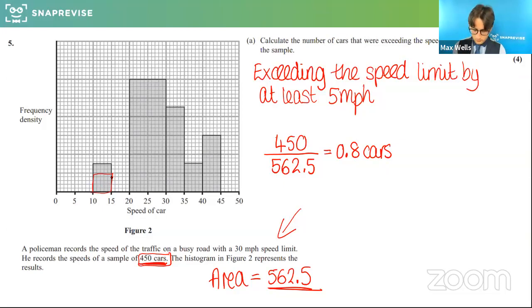There's 25 of these little boxes. So there's 37.5. So I do know that that's 5, and I know how many I'm timesing it by on a generic scale. So I can just equate the whole area I have to the number and see what the constant of proportionality is. So hopefully that's clear, because what's weird about this question is that this area is more than the actual frequency. So one little box is actually less than a car worth, which is a bit weird.